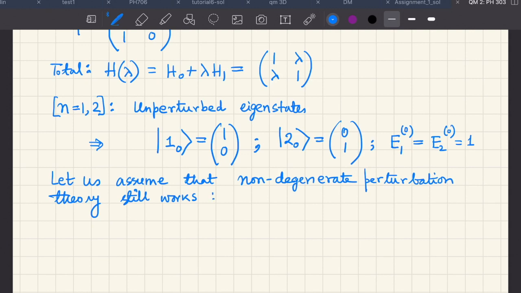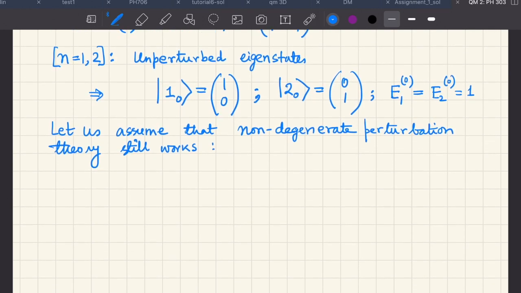If we assume that, then what should be the first order correction?